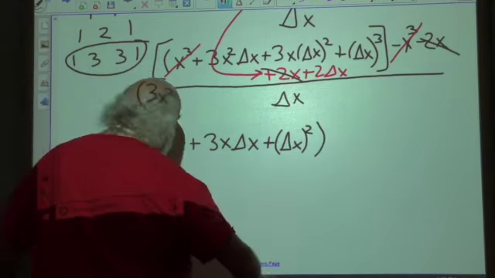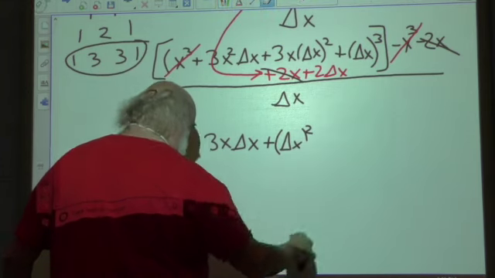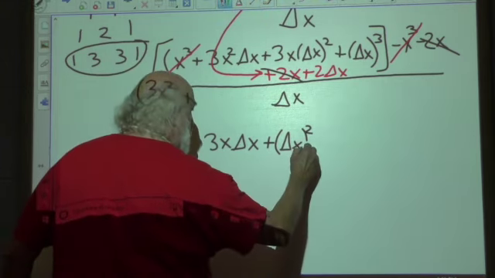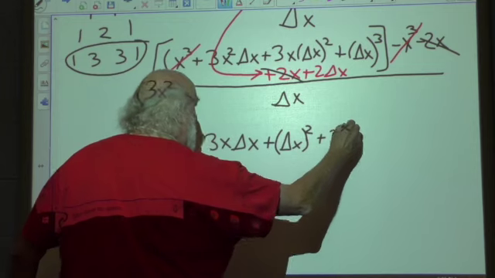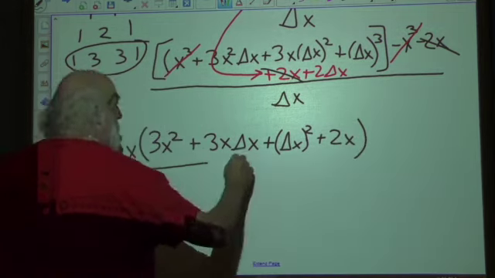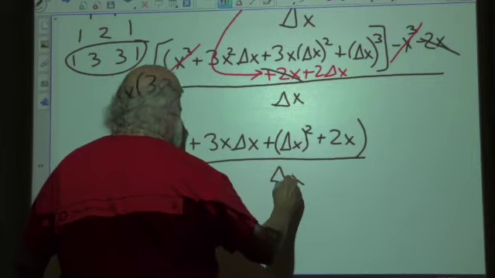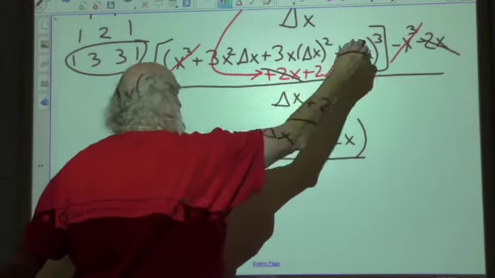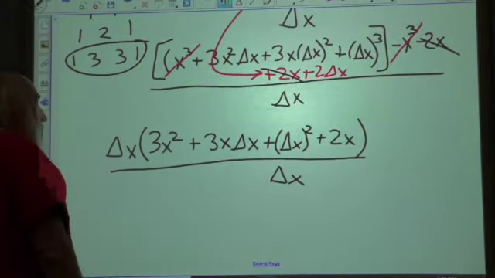Oh, and plus, I almost did it again, plus the 2x, 2 delta x rather, so that's plus 2x over here, and delta x goes in front right there, all over delta x. So I factored out the delta x out of each of these right here, these 4 terms.